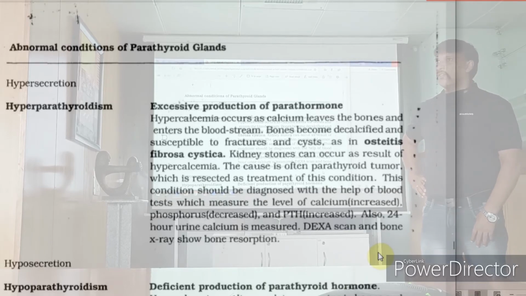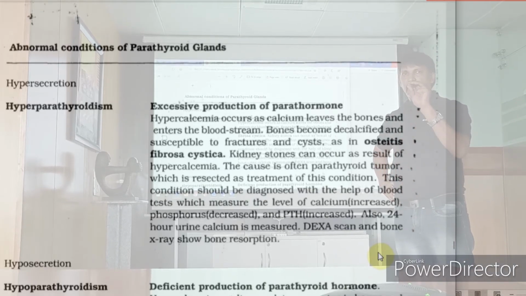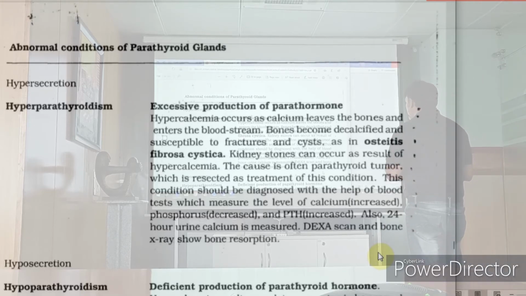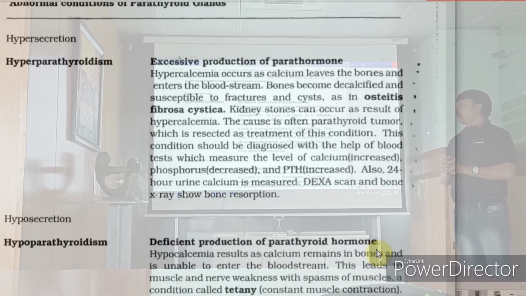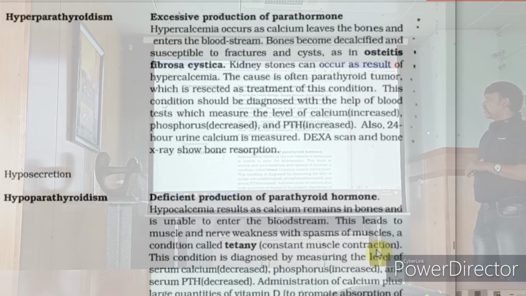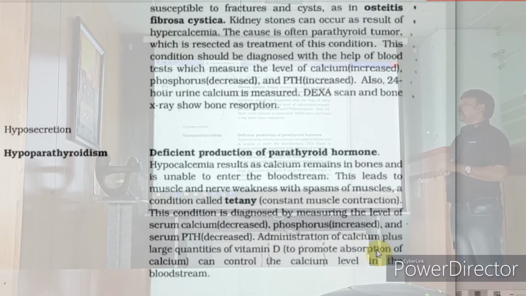Litho means stone, nephro is kidney. The cause is often a parathyroid tumor. This condition can be diagnosed when blood tests are done. PTH is increased. Obviously, we try to reduce that.